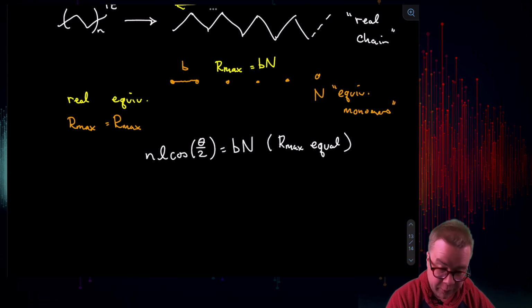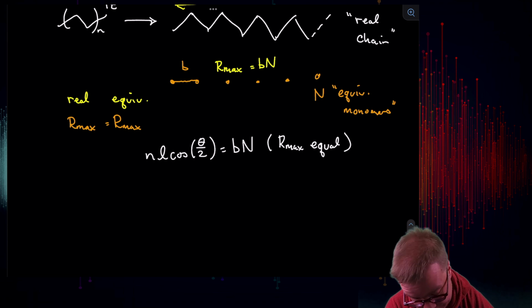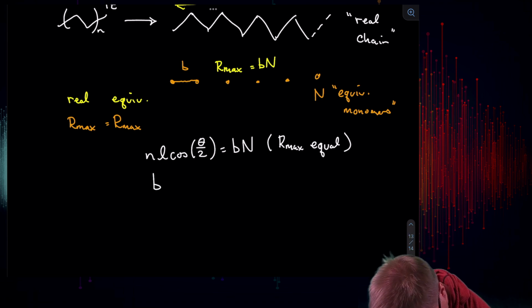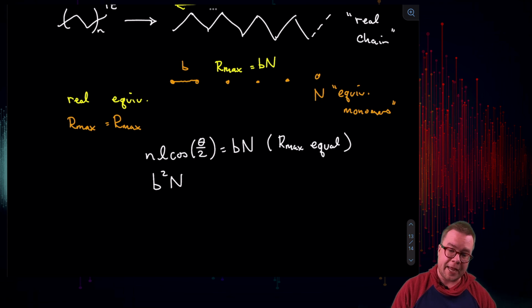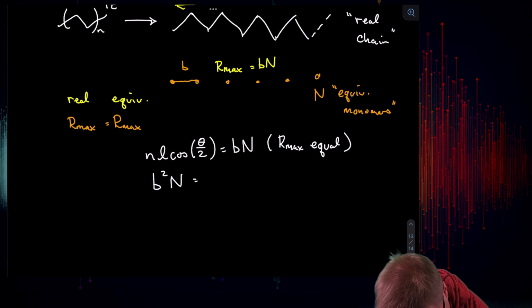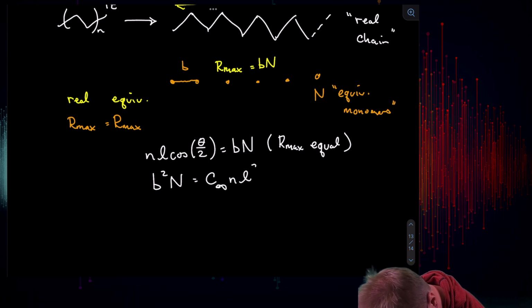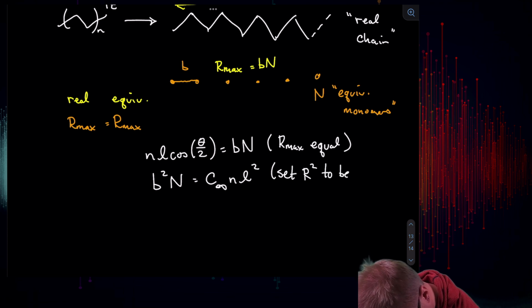The next thing that we want is we want to set their mean squared end-to-end distances to be the same. So we get B squared N, that's going to be the mean squared end-to-end distance for the equivalent freely jointed chain. Should be equal to C infinity N L squared. So we set R squared to be equal.